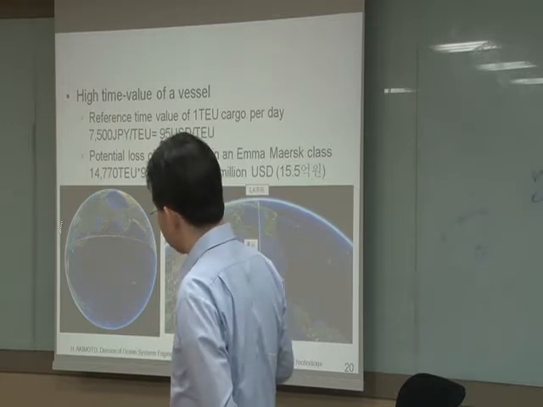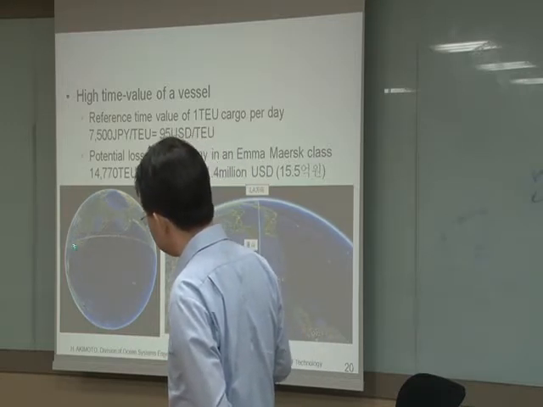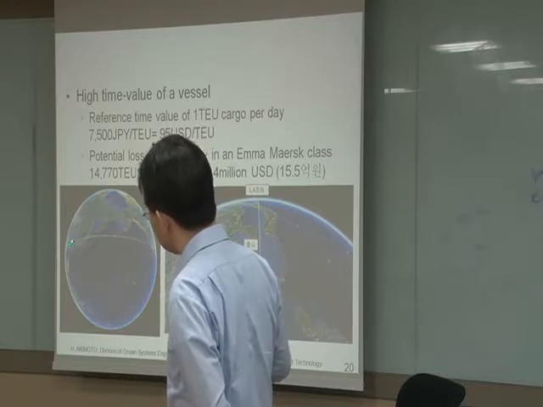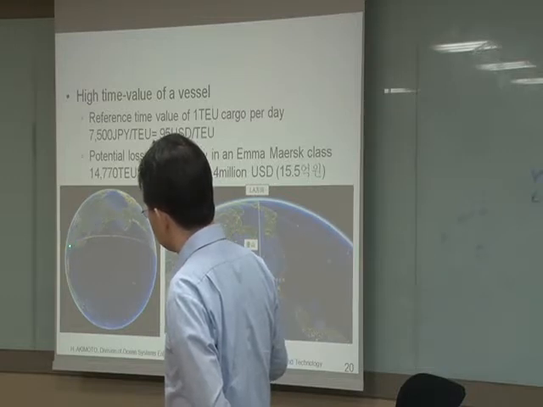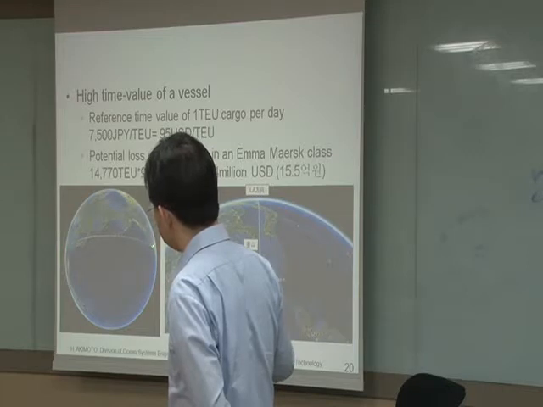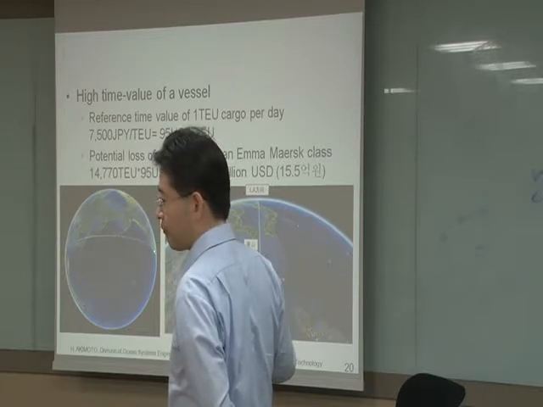This is Google Earth view, and please consider Shanghai or, I guess, Shanghai or Hong Kong port. Hong Kong and Shanghai is around here, and this is the shortest path to Los Angeles port.